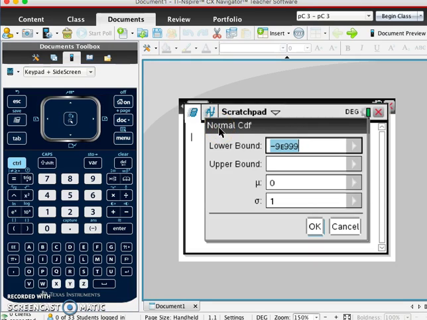Now our lower range, we wanted more than 59, so we're going to put 59. The upper, we want it until it goes to the end, so we're just going to put a really big number in there. Our average was 55 grams, and our standard deviation was 2.5.